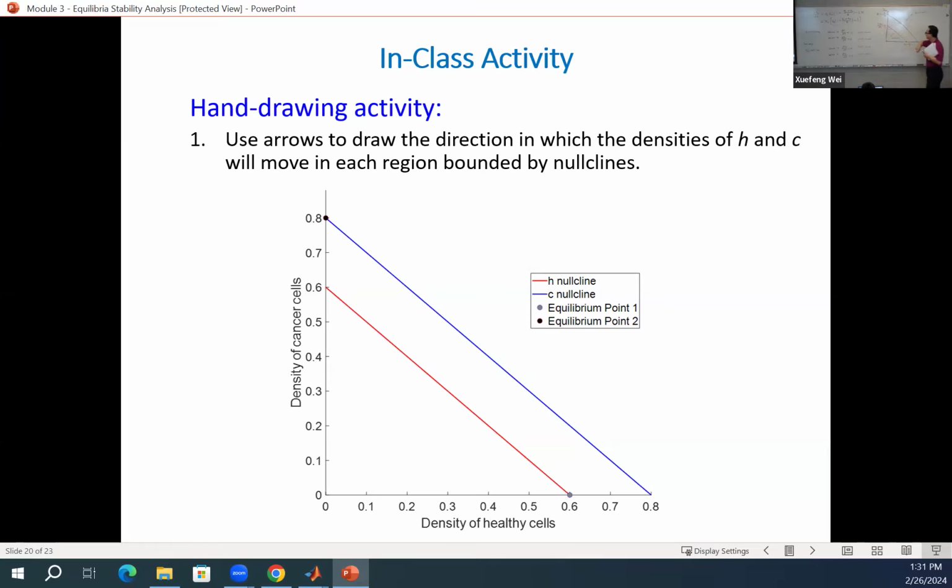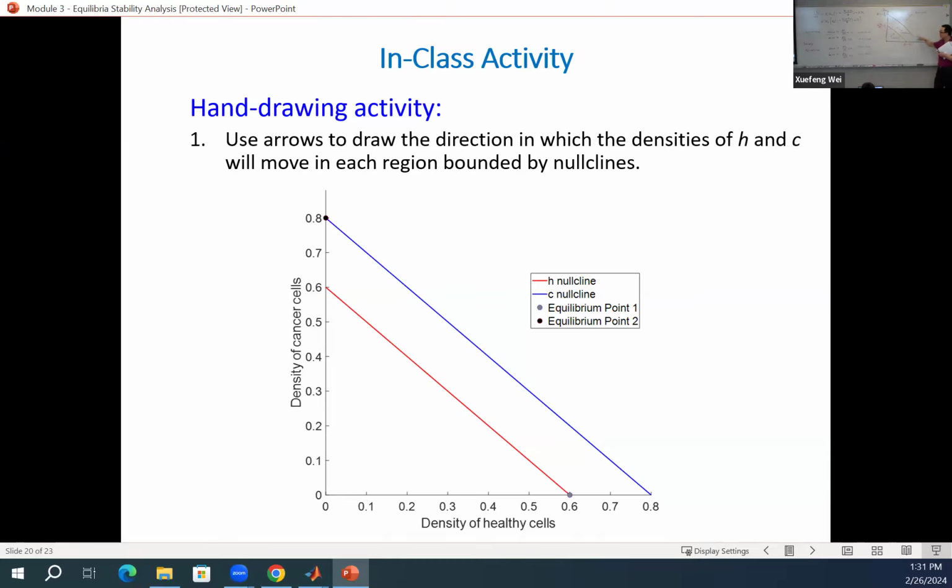What about this point here? It's in between. It's below this one, but above this one. So we take northwest. Can you see that?